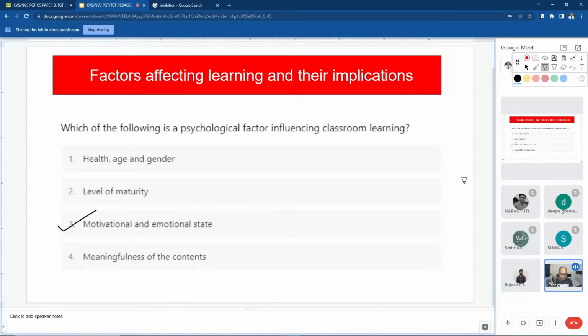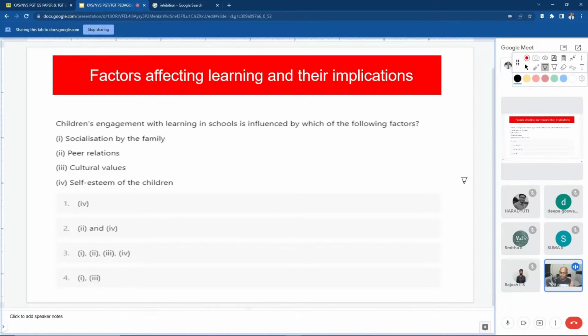If there is no motivation for the students in the classroom, they may not learn. And if they are not ready for learning emotionally, they are disturbed, so they are not interested to learn. So the answer is motivational and emotional state. Next question, I suppose, Goshi. Yes, sir. Children's engagement with learning in school is influenced by which of the following factors? Socialization by the family, peer relations, cultural values, self-esteem of the children.